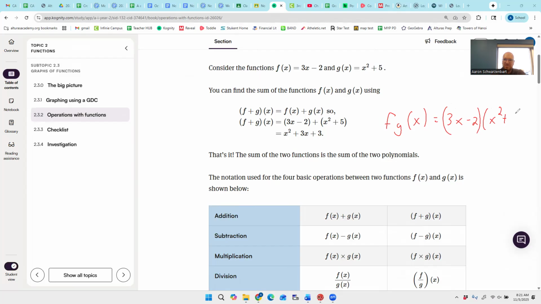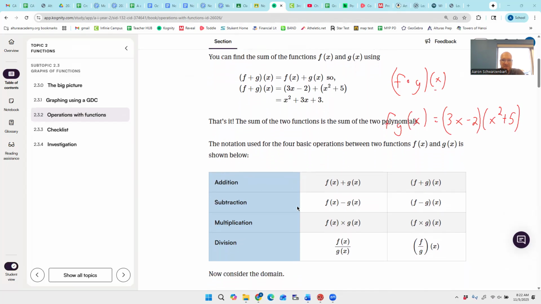This is one that people get so wrong, and they try to make it composition when it's not. These are not the same. Those are the basic operations.